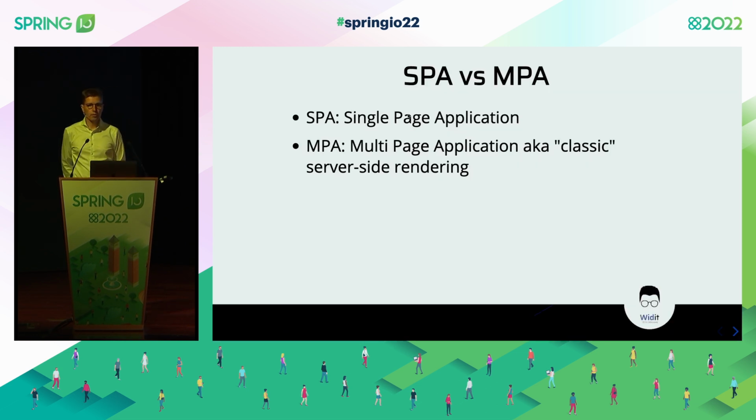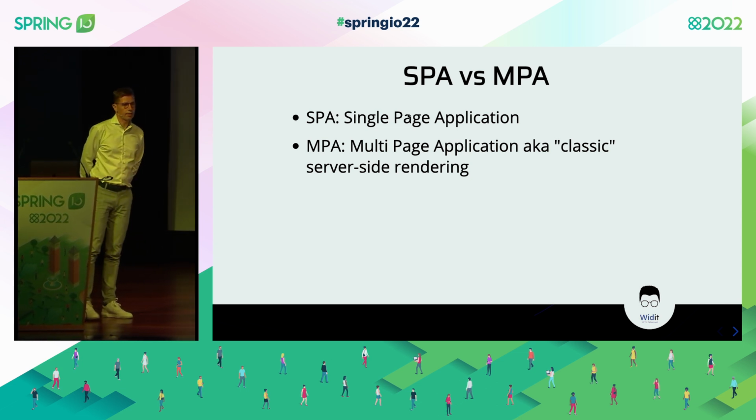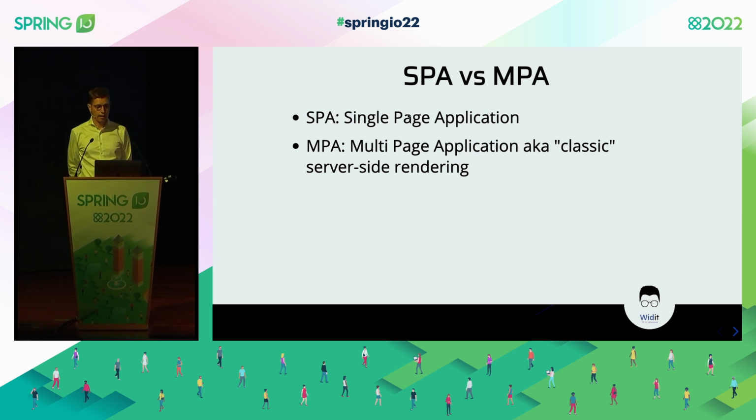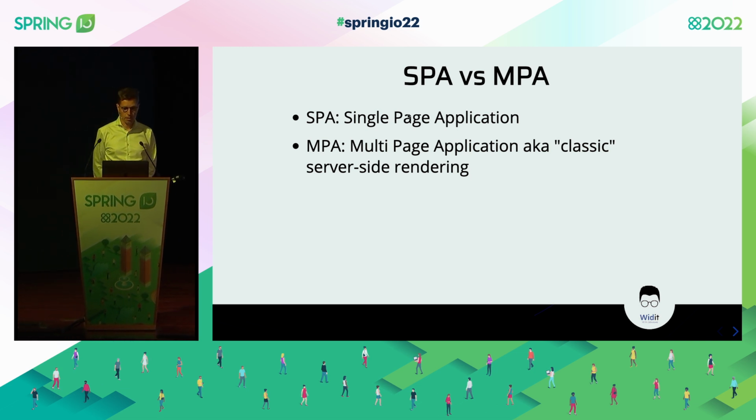Before we continue, a bit of terminology. SPA versus MPA. SPA is a single page application. This is your typical application using JavaScript in the browser, running entirely in the browser. The technology used there is Angular or React, sometimes Vue or Svelte as well.